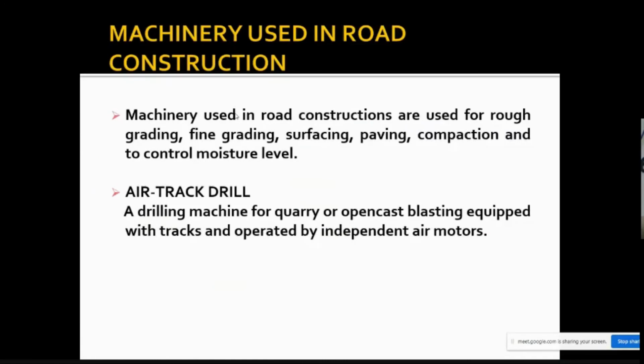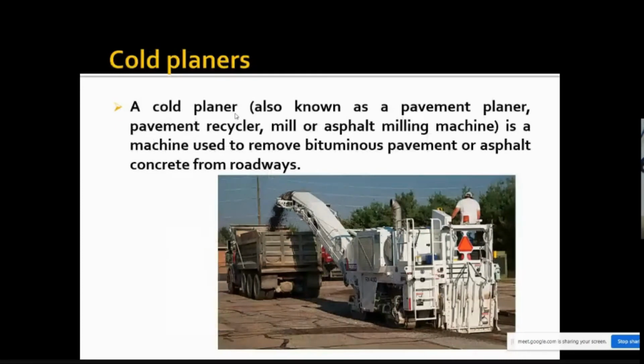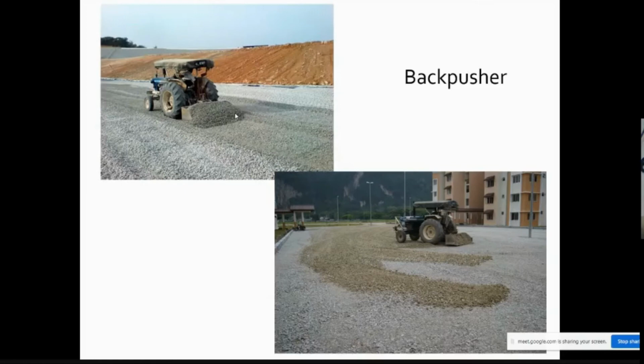Machinery used in road construction: different contractors will use different machinery. Sometimes they do not have the technology, so they use simpler machines. But if they have the technology, they use more sophisticated machines. So these are the machines: air track drill, cold planners. Back pushers, we have back pushers in Malaysia.